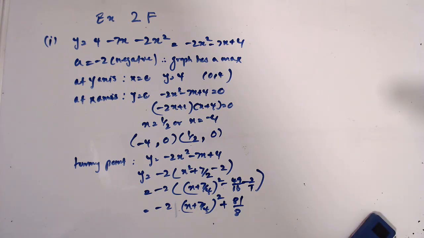So the maximum point is 81 over 8, comma minus 7 over 4.